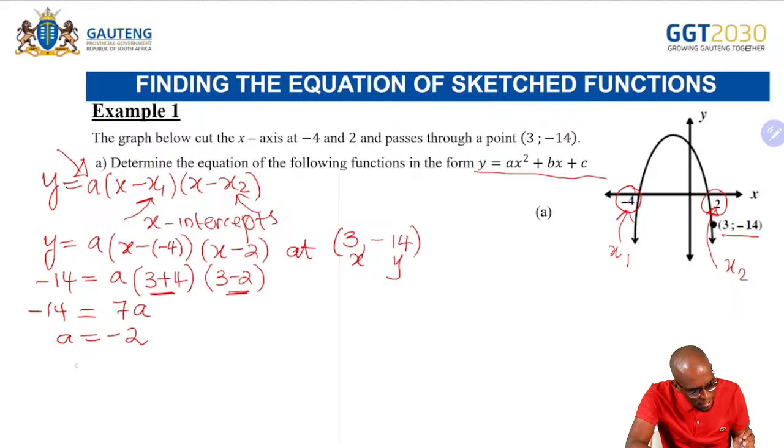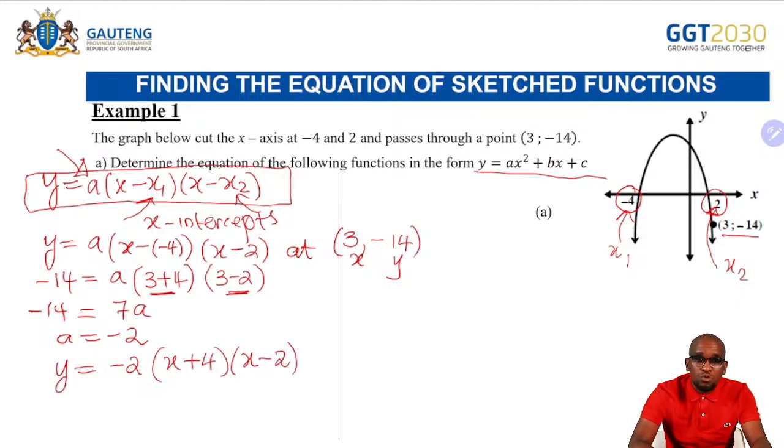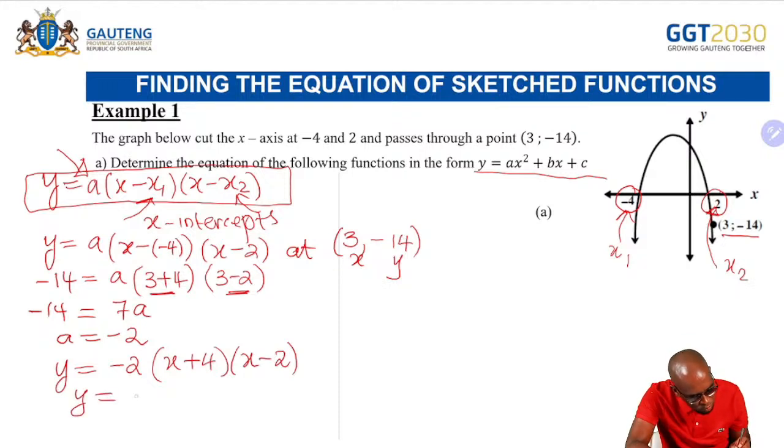Now I'll come back to this form and substitute all the values. So y will be equal to, I now know a is -2, x minus x1, which is x plus 4, times x minus x2, which is x minus 2, like that. So now y is equal to -2 into, I can FOIL this out, x squared.